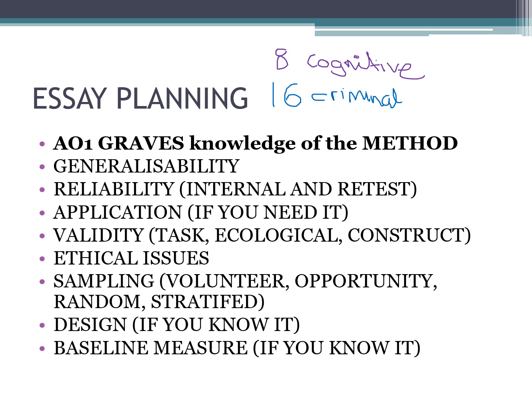So in terms of your AO1, you need to plan this out now, in depth and lots of detail. All right. So you need to talk about what it is about the method and the structure of the method and the way in which it is conducted that allows you to talk about generalizability. So you can talk about the reduction in being able to test a wide and representative sample.